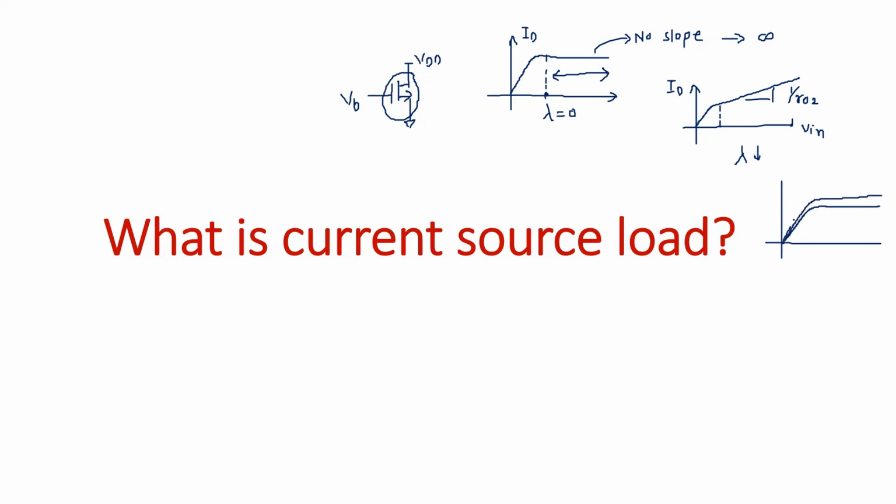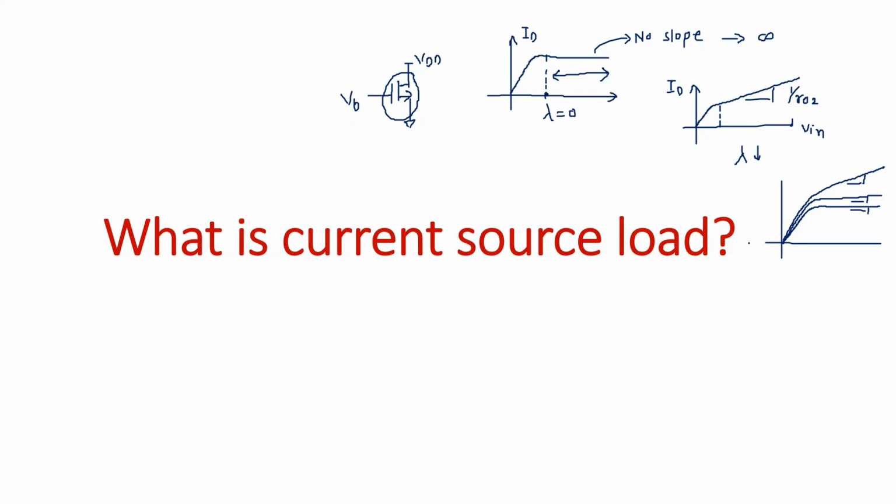So if this is like this, it means lambda is more here, slightly less here, and here lambda is almost 0. So if we want more resistance for getting more gain, we need to reduce this lambda value. For reducing the lambda value, there are some design parameters, width and length, which are responsible for that.